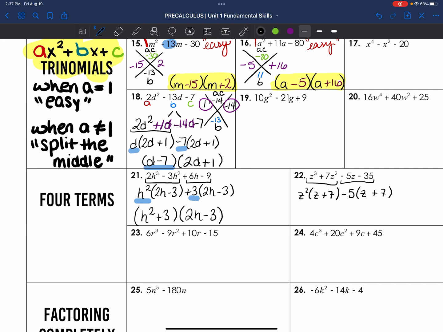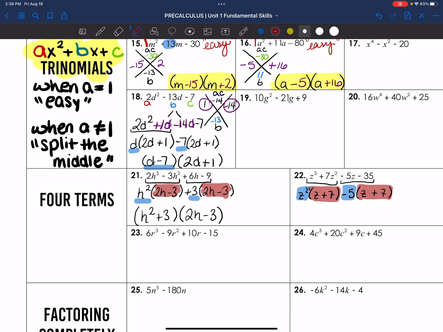And this is exactly what we wanted. We've got the values here in front, our GCF and our GCF, and they are both multiplying with this z plus 7.